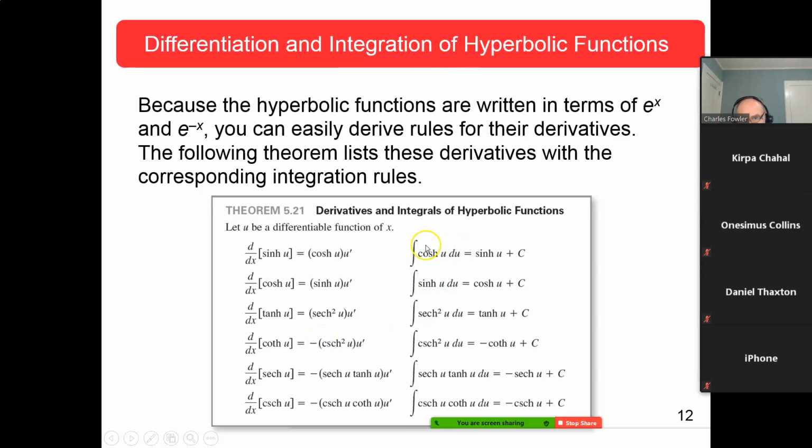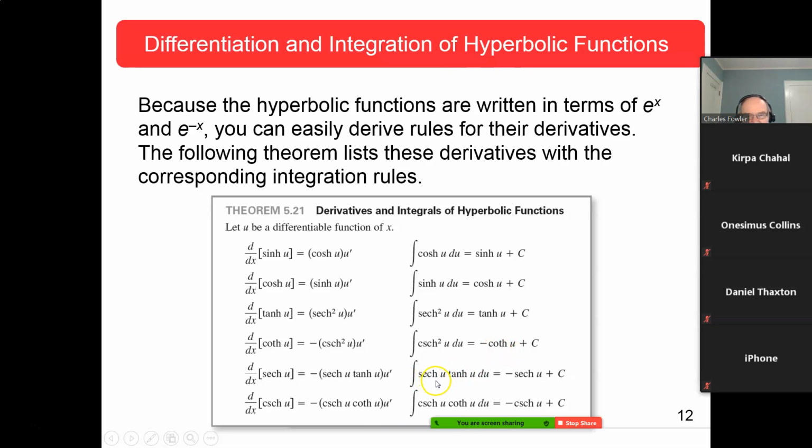Okay, so then when you integrate, again, you integrate hyperbolic cosine, you get hyperbolic sine, just like you do with trig. But when you integrate hyperbolic sine, you still get hyperbolic cosine, not negative, like it is with trig functions. Integrate this, you get that, just like it is with this. Integrate this, you get that, just like it is with trig.